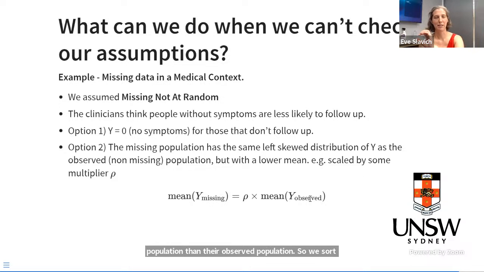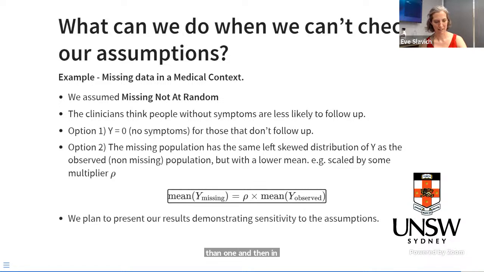So we multiply the mean by some value that's less than 1 and then simulate some missing data from that. So we're planning to do this and present our results demonstrating the sensitivity to the assumptions.